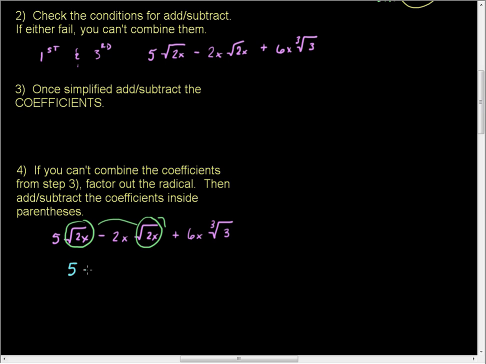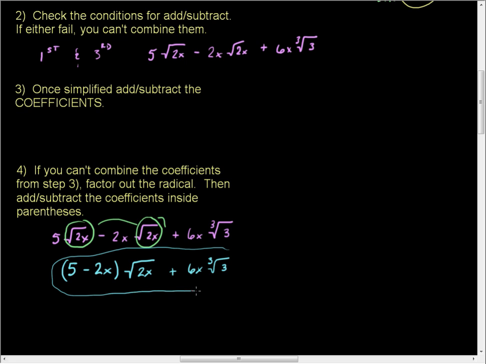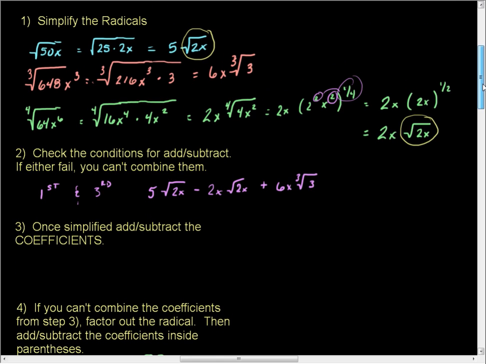And so it's really 5 minus 2x, that quantity, times the square root of 2x plus 6x cube roots of 3. And this is in simplified form. So all you have to do is go through these 4 steps and you'll be fine.